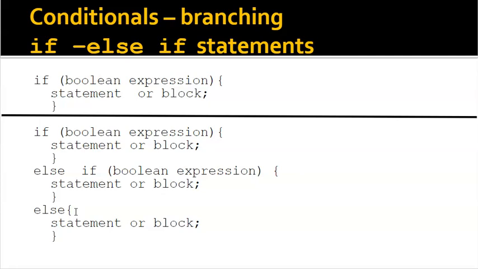So, for example, if you receive a grade of a 90 or higher, then the statement inside here would be you receive an A. Else if the grade is an 80 or higher, then the statement or block would be run that says you receive a B. Now, the else if requires a Boolean expression, like the original if statement. The only term that does not need an expression is the else.